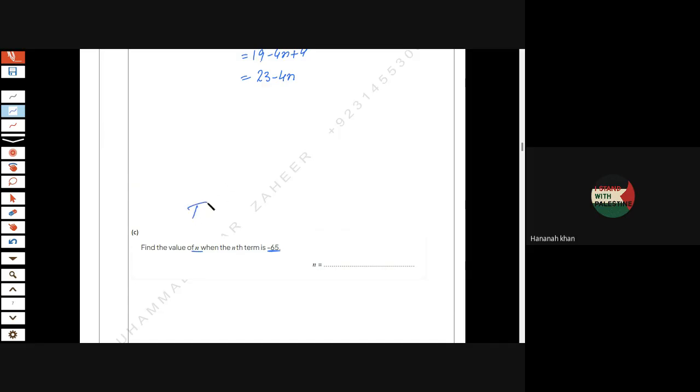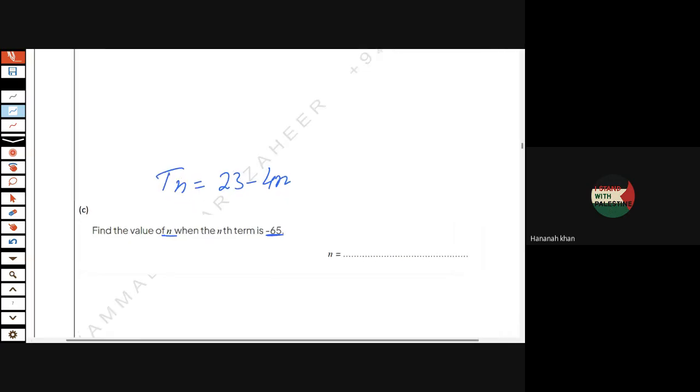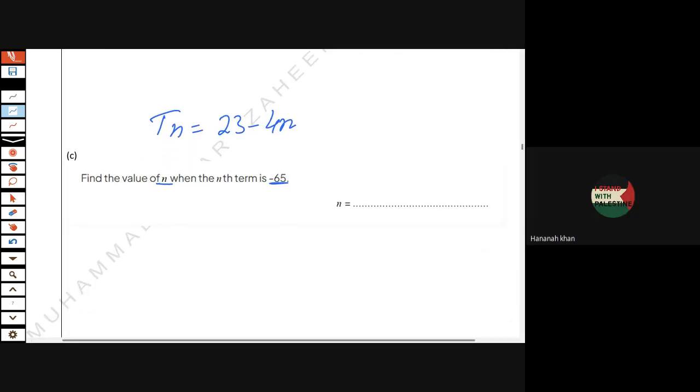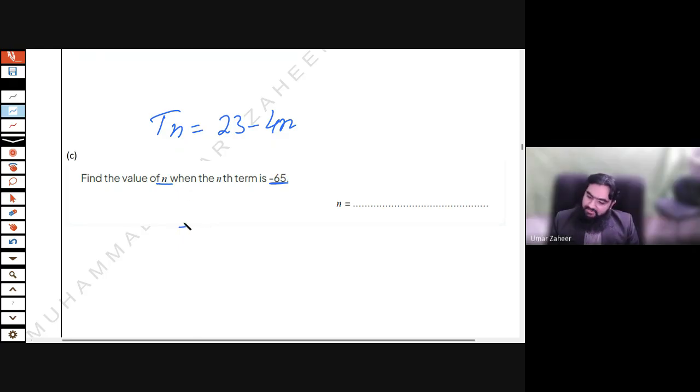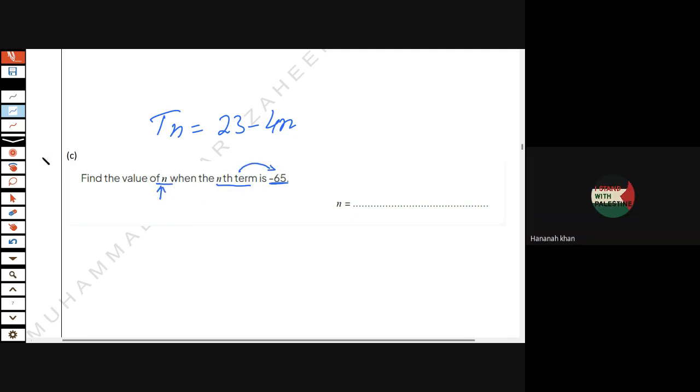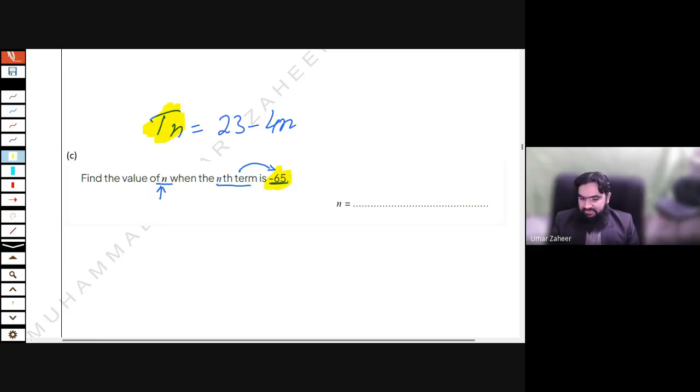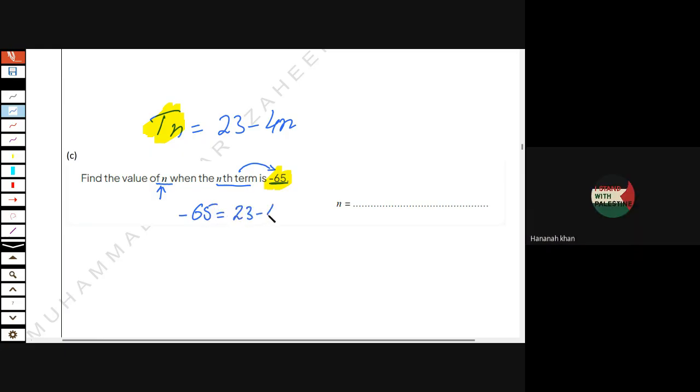So get the formula that we used last in D. Okay, so minus 65 equals 23 minus 4n. The nth term is given, you have to find the value of n. Oh, would we put minus 65 on the other side where Tn is? Yes, the term is given. That is minus 65 is equal to 23 minus 4n.